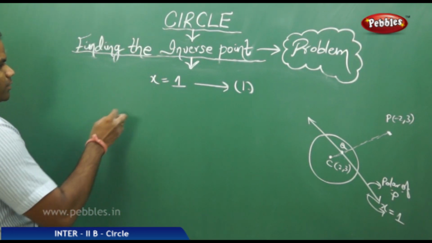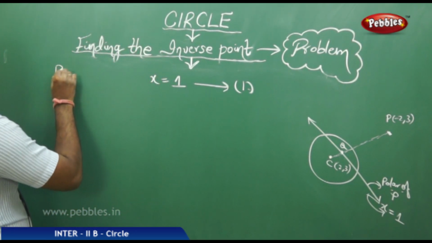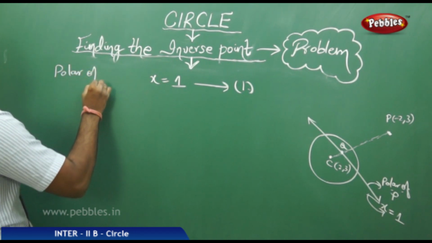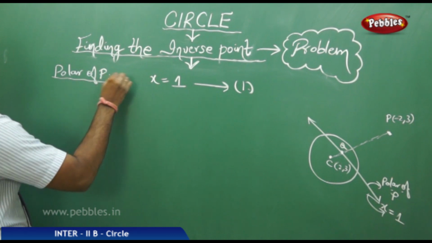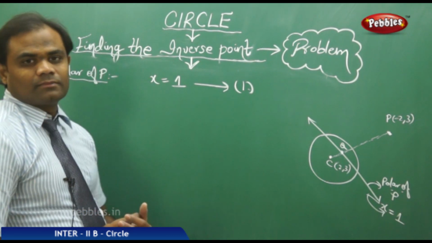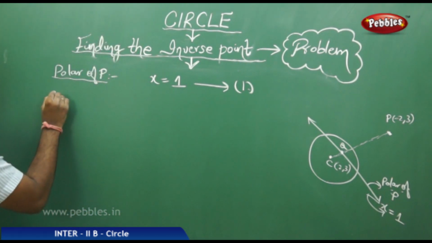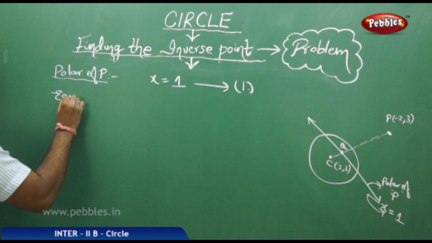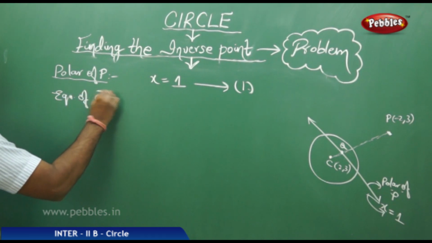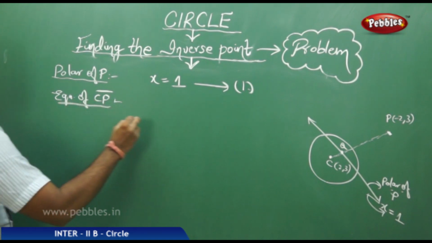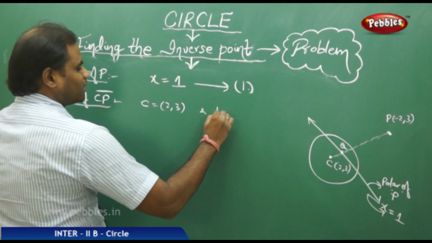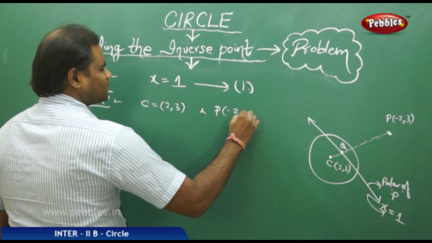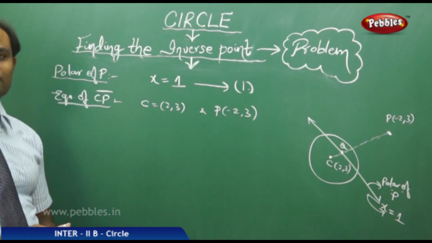Now next is the equation of CP. Here P is (-2, 3). Next, to find the equation of CP, I consider C, which is (2, 3), and P, which is (-2, 3).